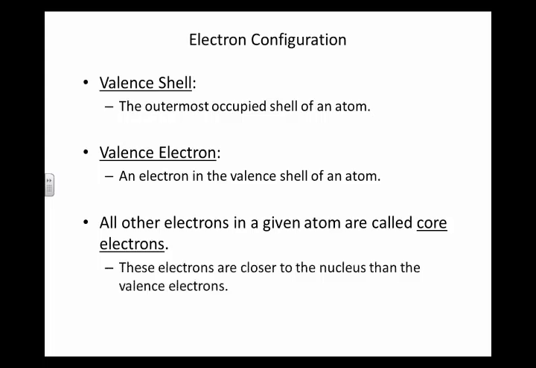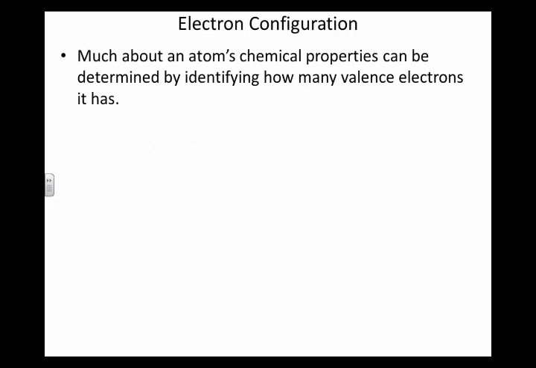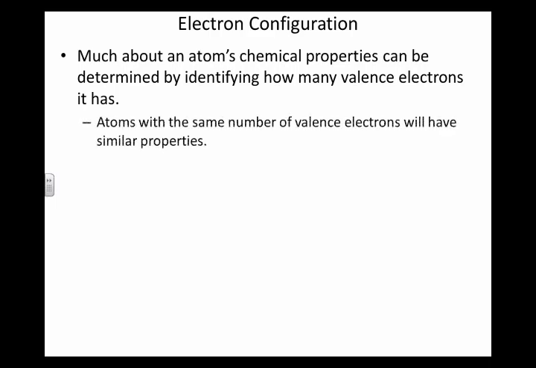If you think about an atom and its electrons as layers on an onion, the valence shell is that outermost layer, and until those are all stripped away, you can't get to the inner ones. So really, why we did all of the electron configuration boils down to one simple thing. What's most critical about identifying an atom's properties is just knowing how many valence electrons it has. Atoms with the same number of valence electrons will have similar properties.